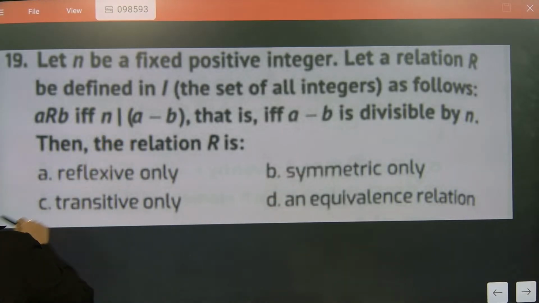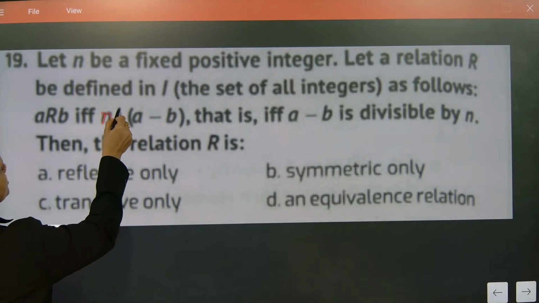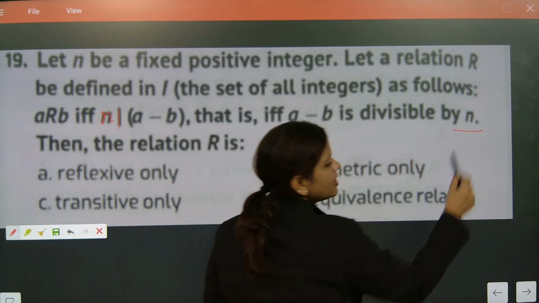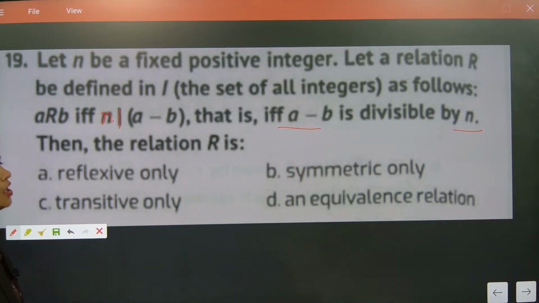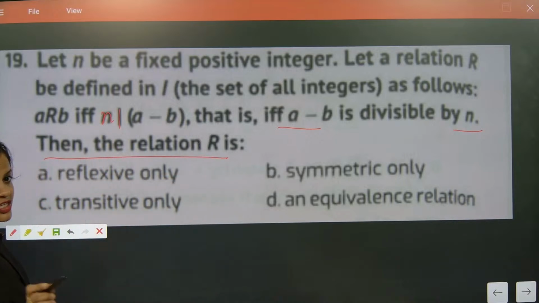What does this mean? That a minus b is divisible by n. Understood? So a minus b is divisible by n. This is the same situation as any number divisible by n. Got it or not? So here, the relation R will be, see, fixed positive integer. What integer? Fixed positive integer.